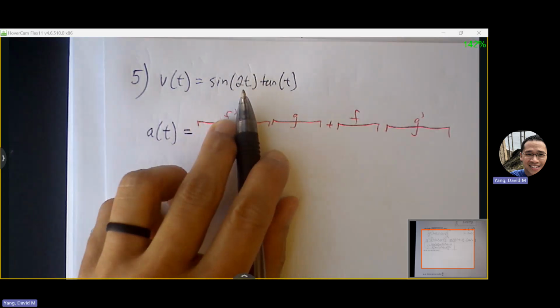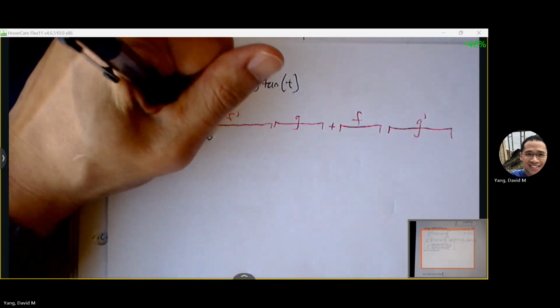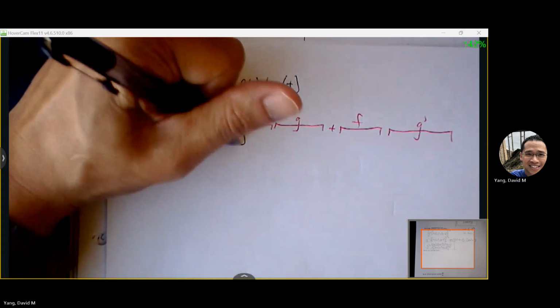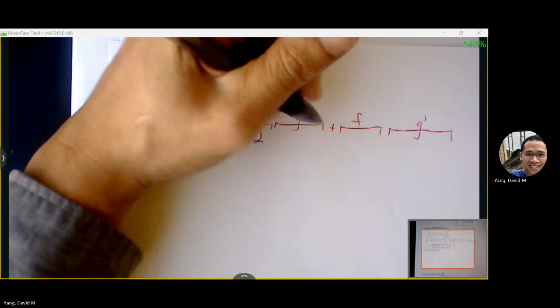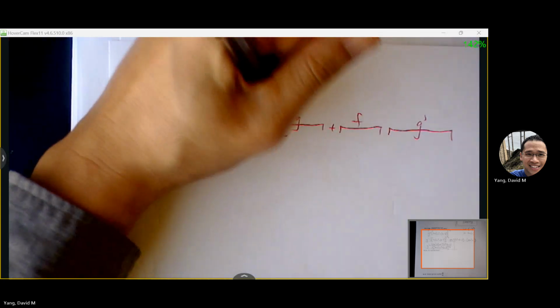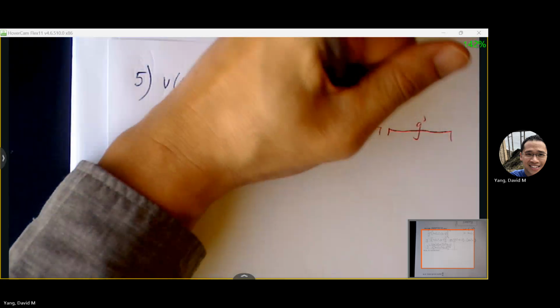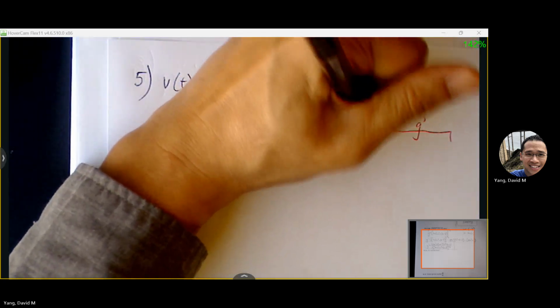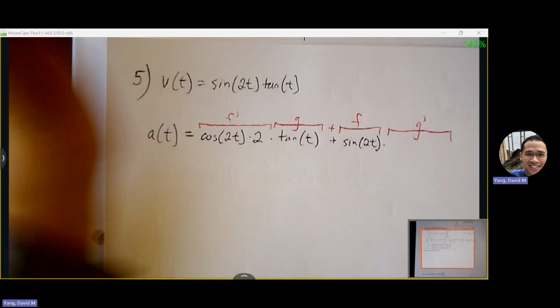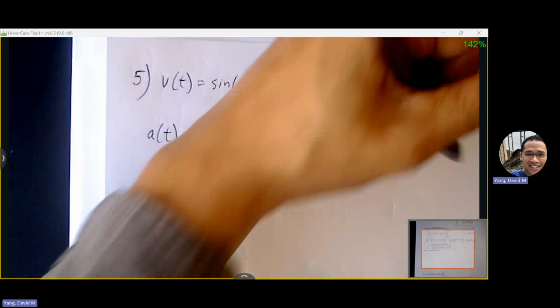Sine of u becomes cosine of u times u prime. Tangent's derivative is secant squared u times u prime.